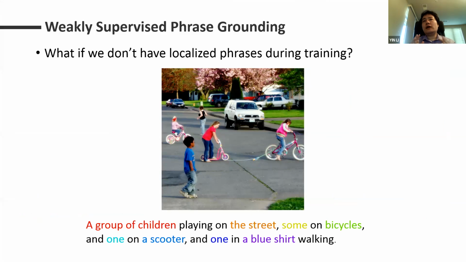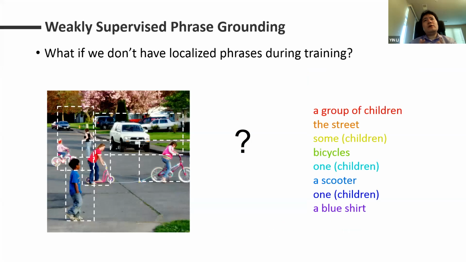Now let's consider the setting where we have this image that has multiple objects interacting in a certain way, and we have a text description: a group of children playing on the street, some on bicycles, one on a scooter, and one with a blue shirt walking.